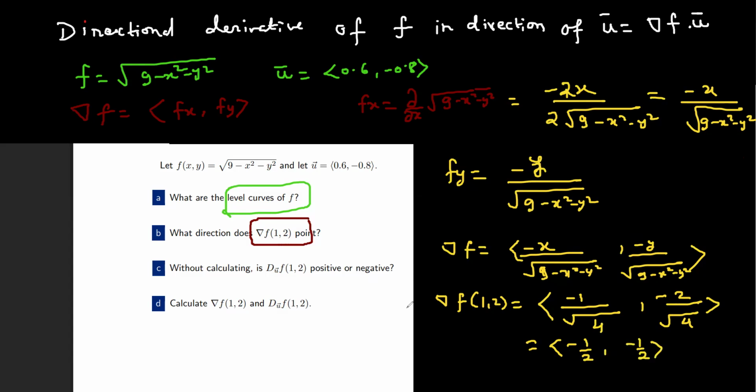Both are negative, which means it is going down. It means the level curve is not going upside, it will go downside.